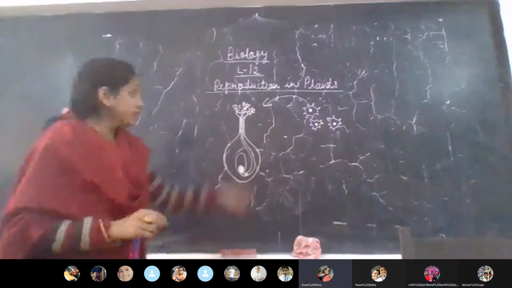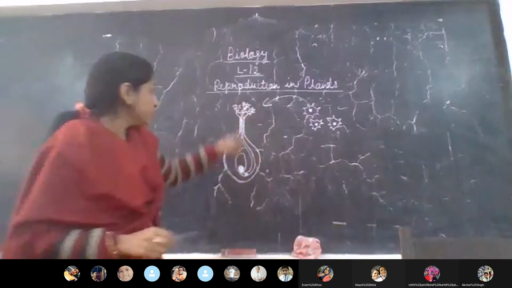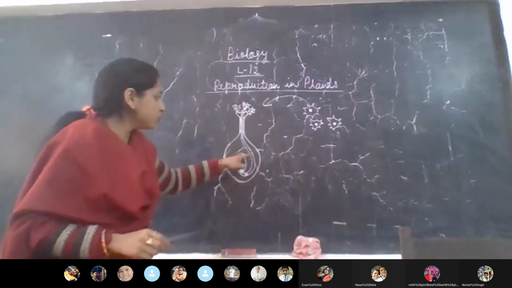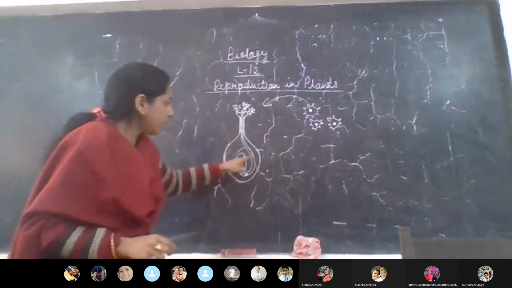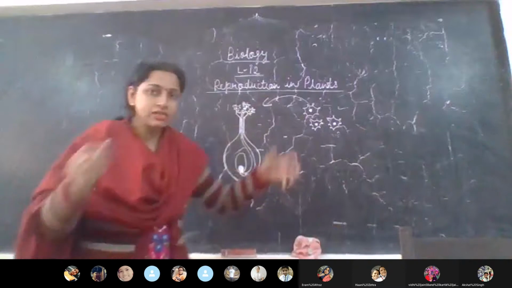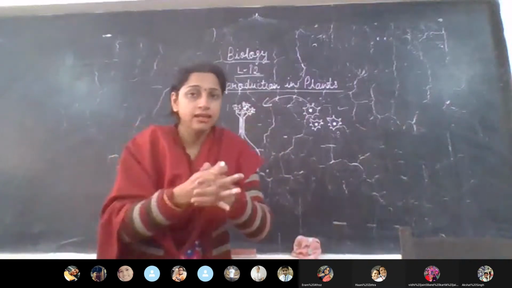This tube was made because this whole pollen grain cannot enter like that. So a tube was formed, and through this tube the nucleus starts moving and it comes here because it has to combine with the nucleus of the egg cell.